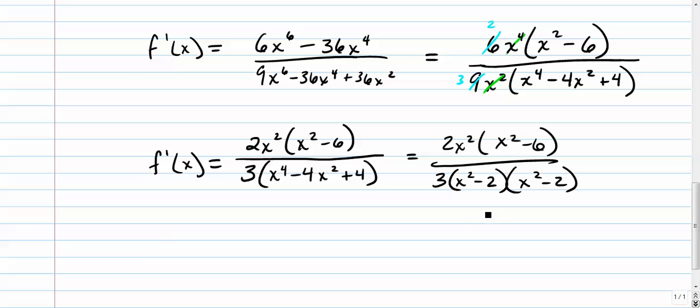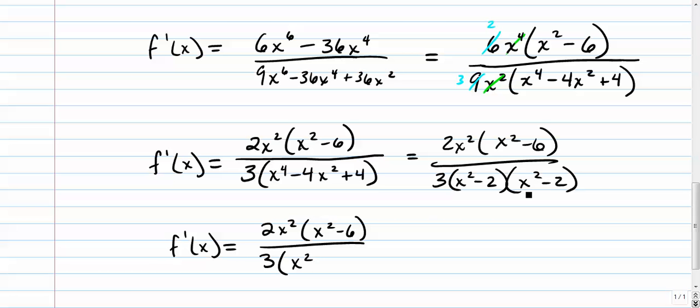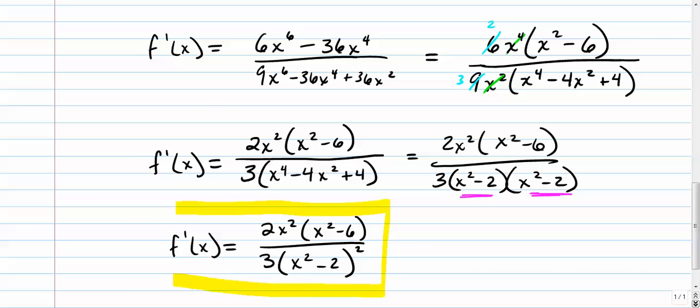To check that, you would just FOIL it. So I think the simplest answer here, since there are two of these that are exact copies of each other, would be to write x squared minus 2 once and raise it to the 2nd power. I think that is the simplest form.